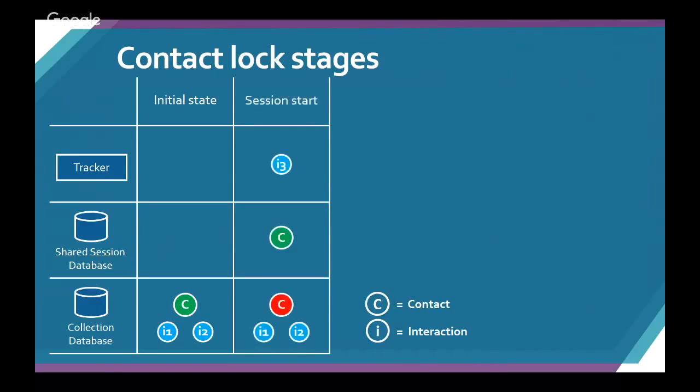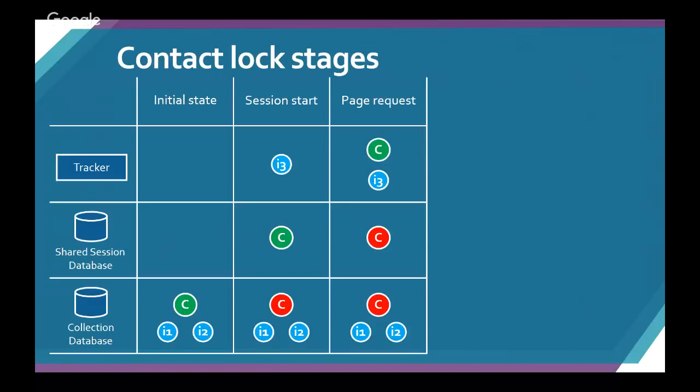Next, when a session starts, a contact is locked in the collection database. And here it's denoted using the red color. And the contact is copied and loaded into the shared session to a given cluster. And in the shared session, it is not locked at this point.